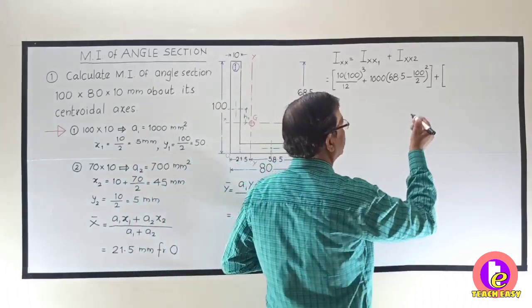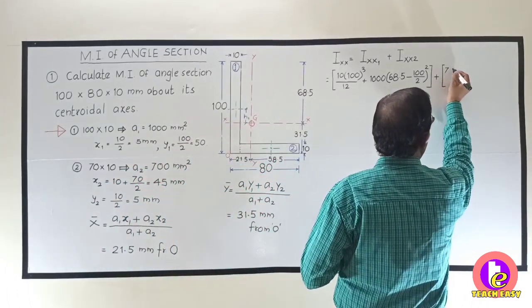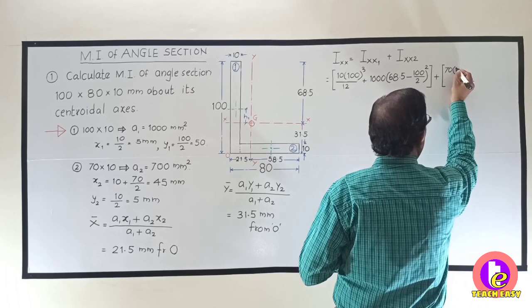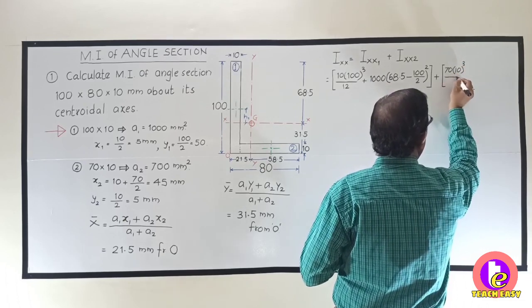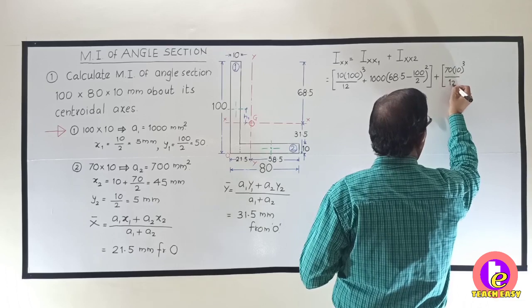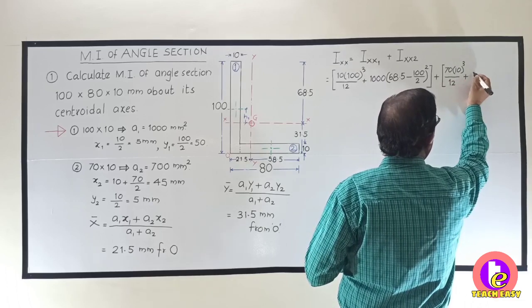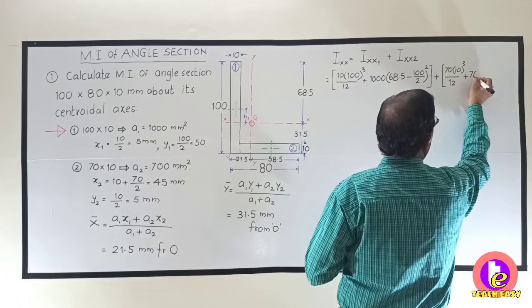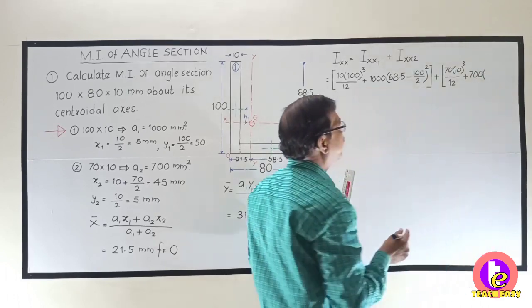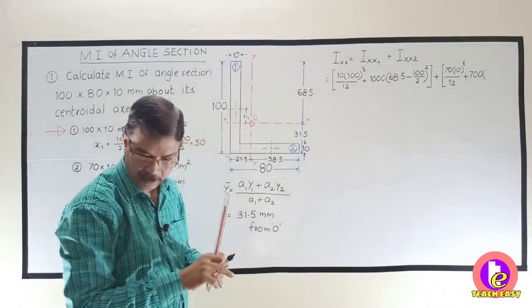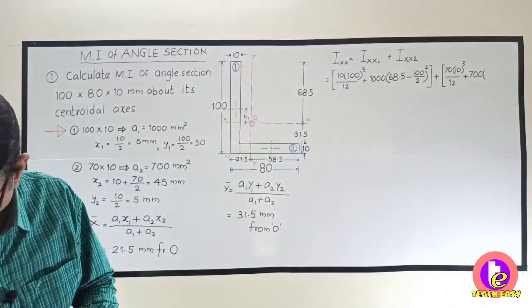So it will be 70 into 10 cube divided by 12 plus area, which is 70 into 10, that is 700, into h. Now look here, what will be h in this case?